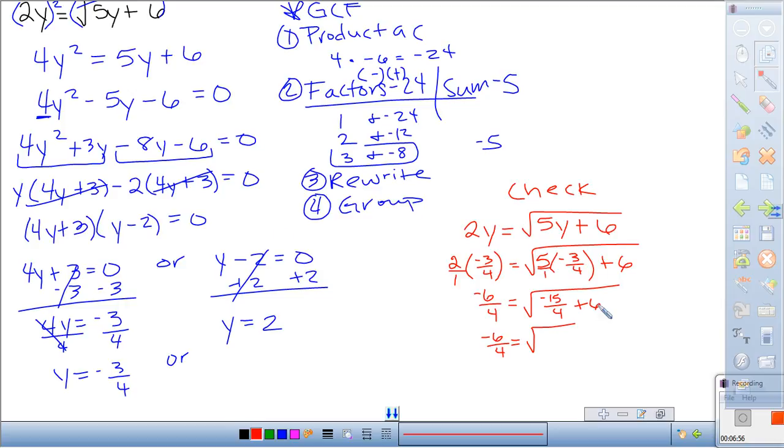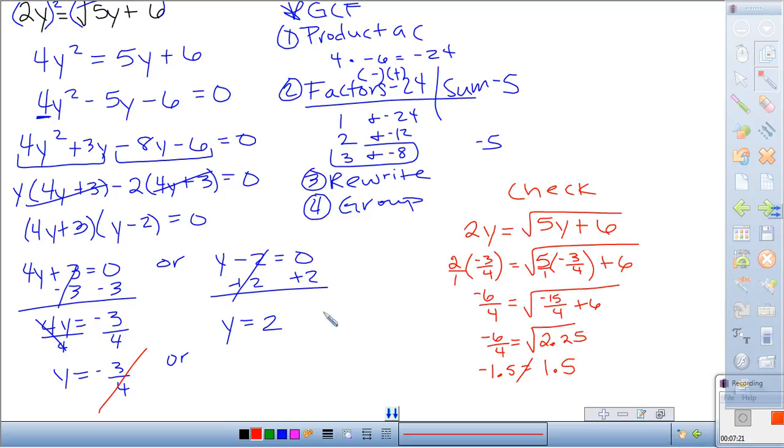I'm just using my calculator. I get 2.25, and negative 6/4 as a fraction is negative 1.5. The square root of 2.25 is positive 1.5, so those are not equal to each other. Therefore, negative 3/4 does not work.